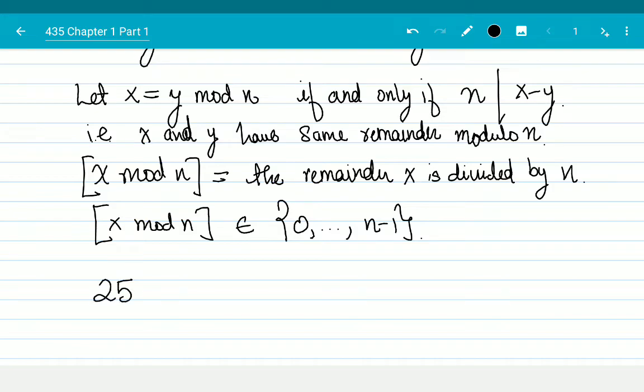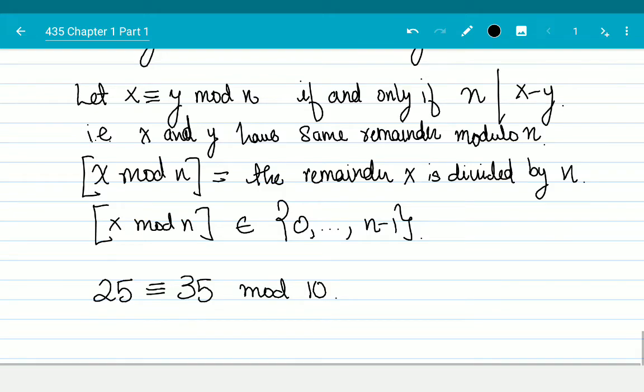So for example, the standard way of writing is actually congruent, so I'm going to use that. 25 is congruent to, well, 35 modulo, let's say 10, right?